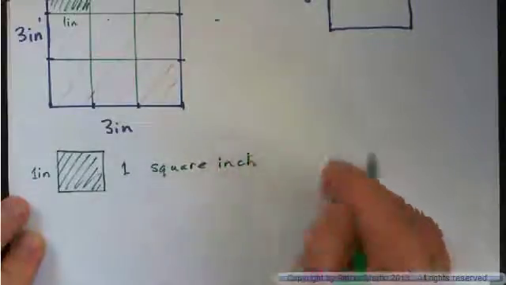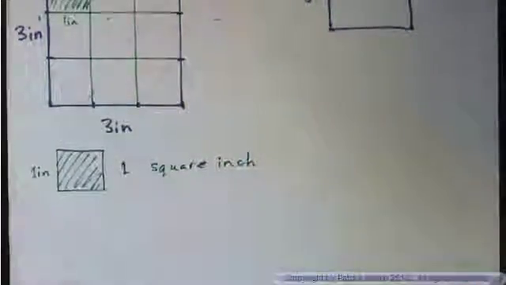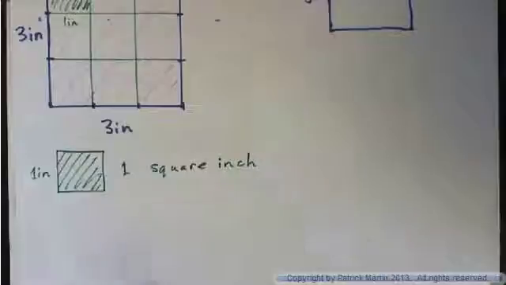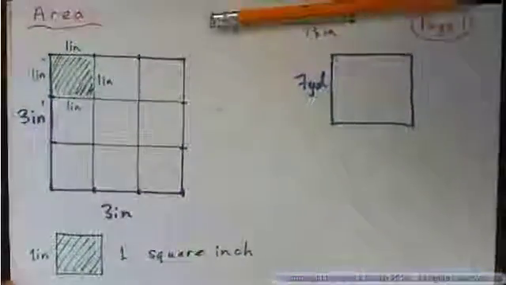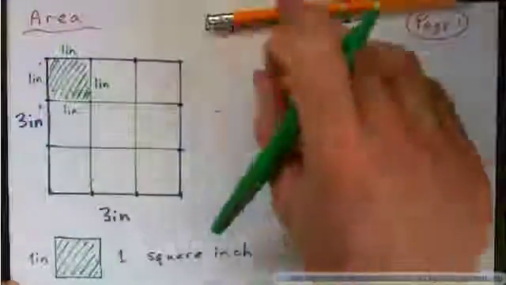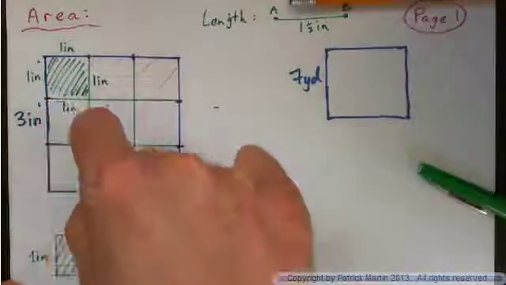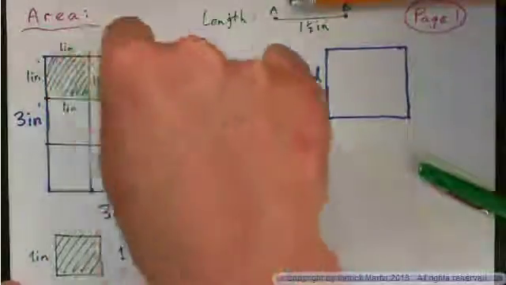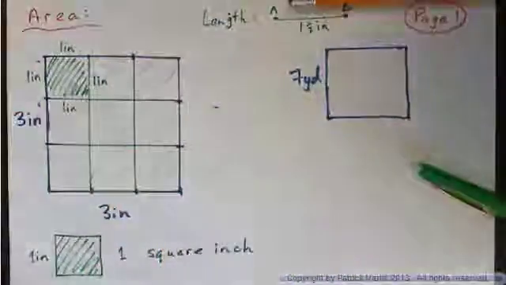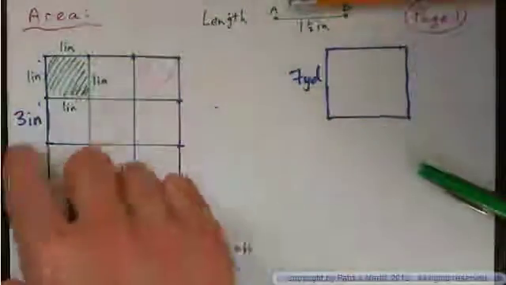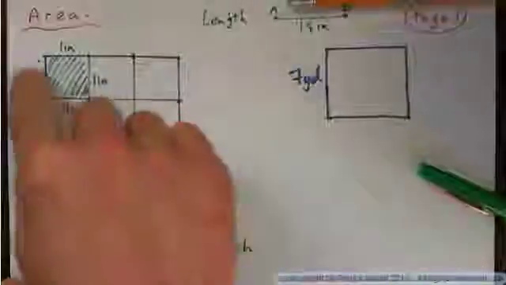That's what it's called, 1 square inch. And it is a measure of area. So if you want to measure how big or small a surface is, one way of doing it is to see how many square inches this tile takes up. How much square inch space does this tile take up? Let's say this entire square.